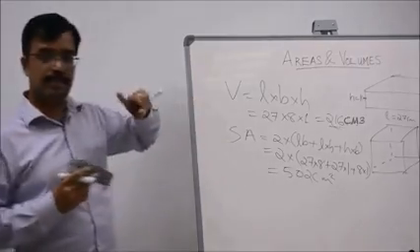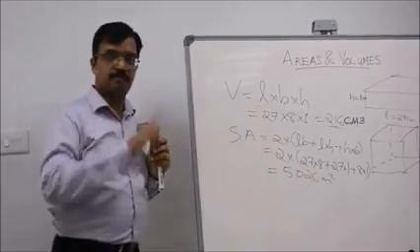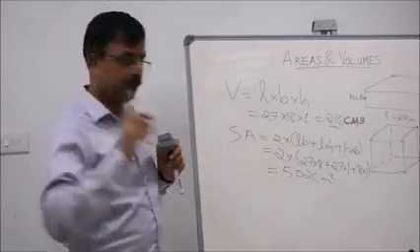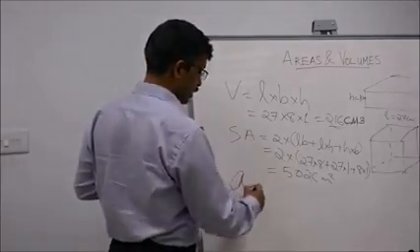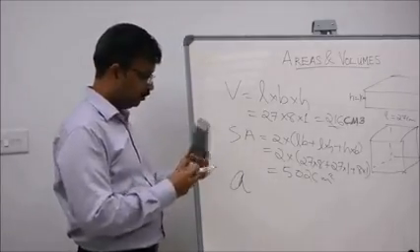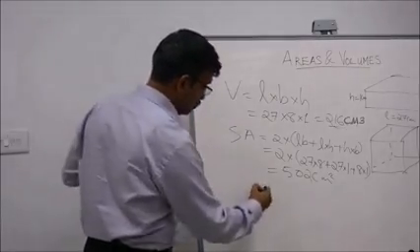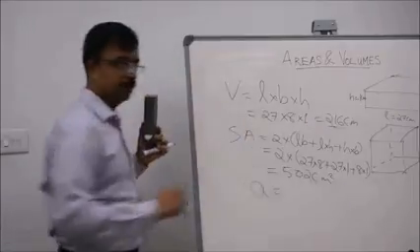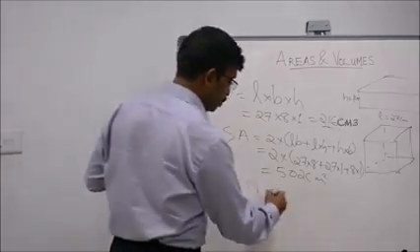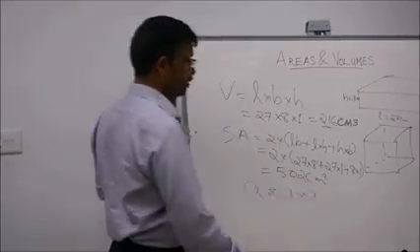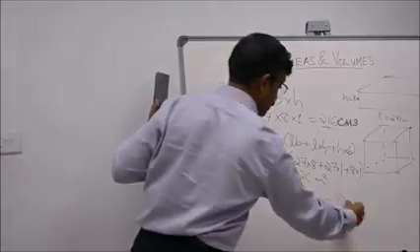Now for the cube also, it says that the volume remains the same, which means for a cube all the sides of the cube will remain the same, which means let's say that the side of a cube is A. If the side of the cube is A, let me use a different color for you. So A is the size of one of the sides, and the volume for a cube will be A into A into A, which is equal to the volume of the cuboid, that is 216, right?